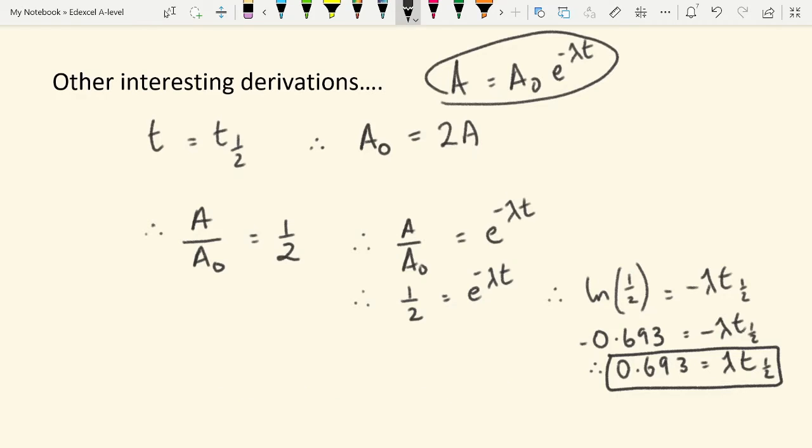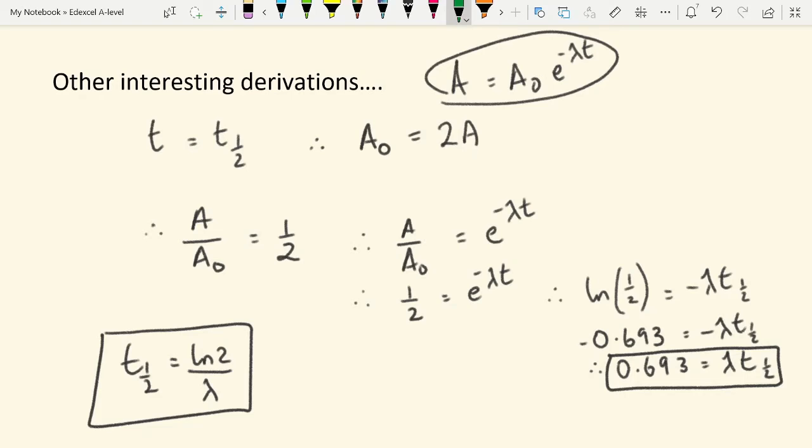And that's a very important equation. It's sometimes written as t a half, and this is what it is in the data book, is equal to ln2 over lambda. Because minus 0.693 is ln a half, and 0.693 is therefore ln2. And so ln2 divided by lambda will give you t a half.